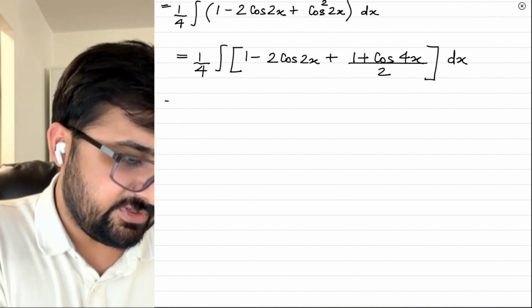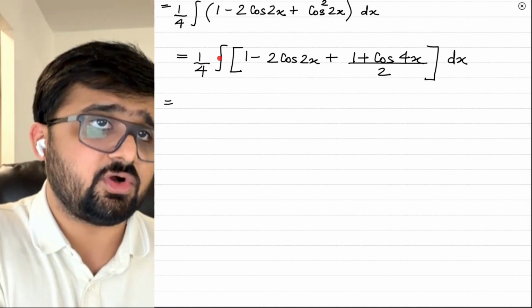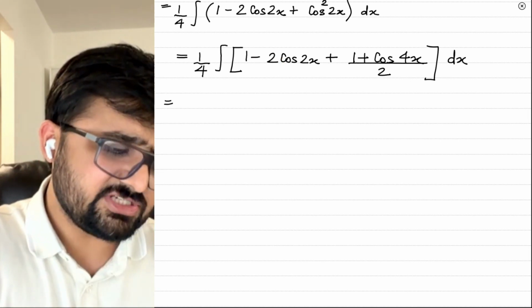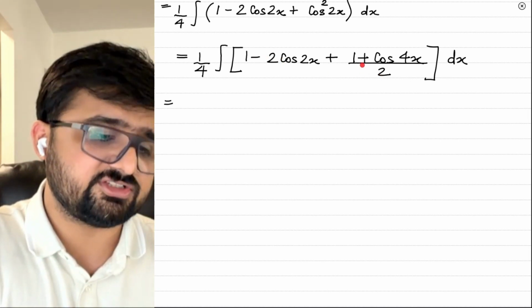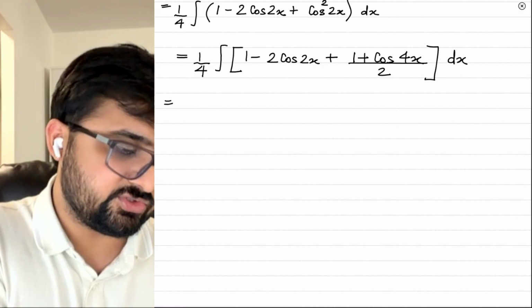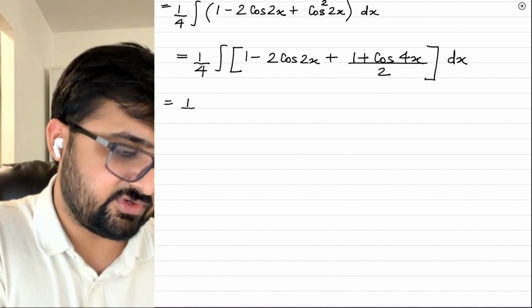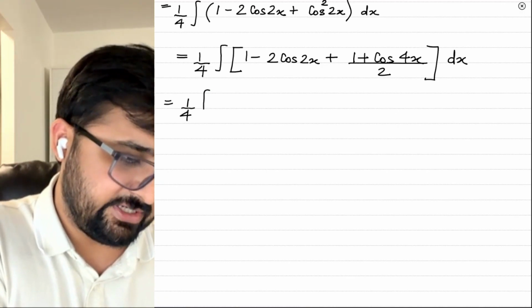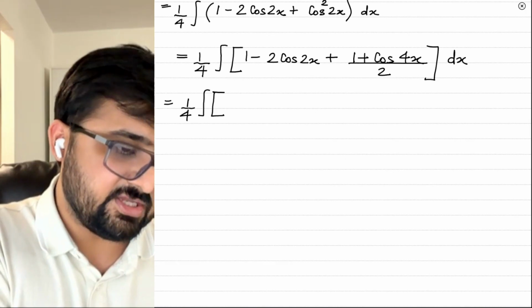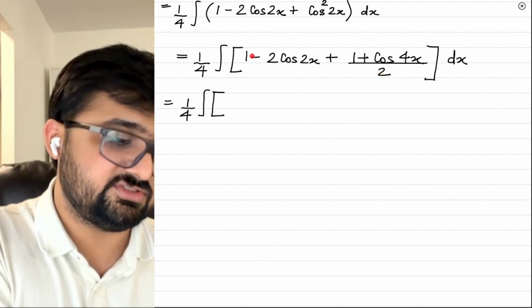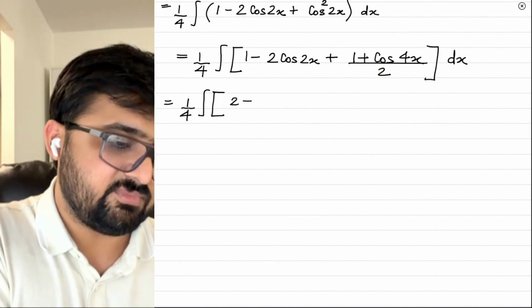Now, in order to simplify, you can either give the integral to all the terms, or actually I'll prefer to cross multiply this 2 with those terms. So you'll see what I mean by that. So 1 by 4 integration of, multiply this 2 with 1. So 2 times 1 is 2 minus.